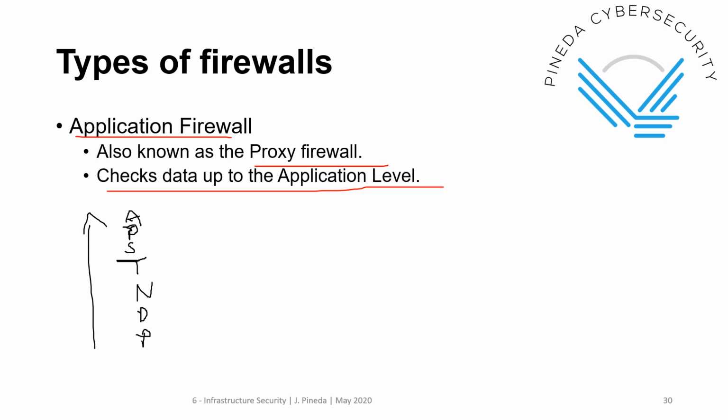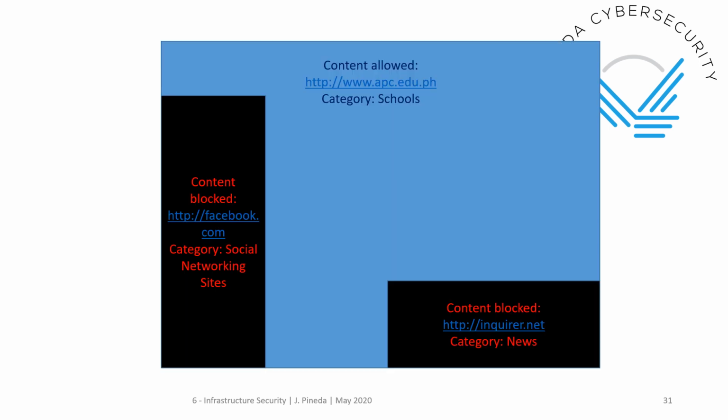So for the proxy firewall, it checks all the layers, starting from the data link up to the application. Okay. And it checks for content also. Not only the header, not only the session, but up to the content of the information itself.